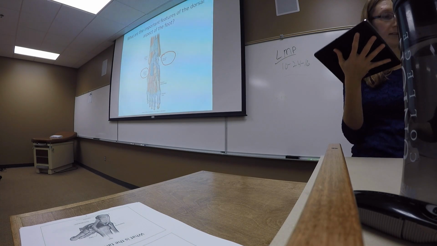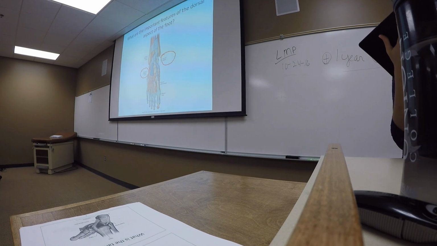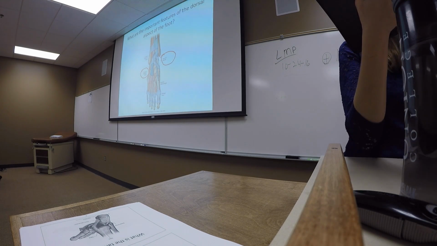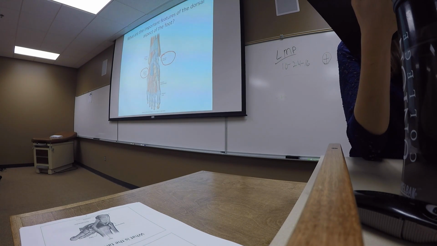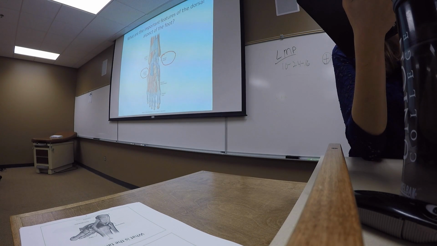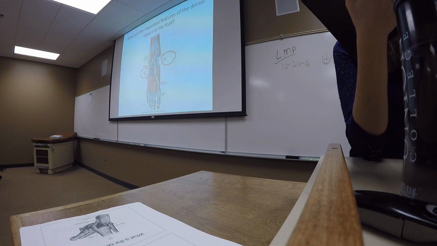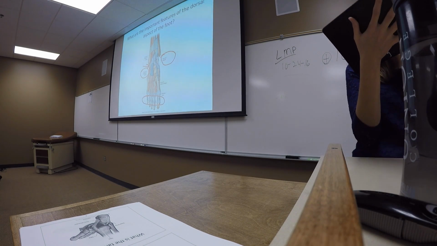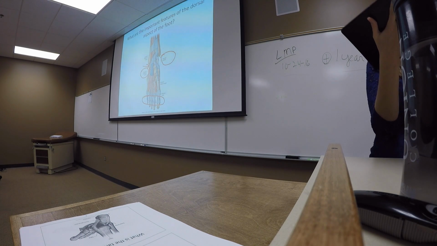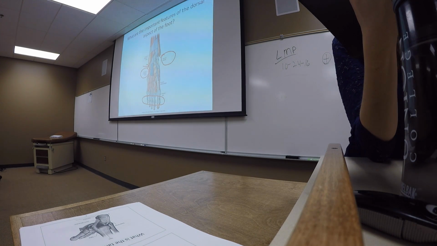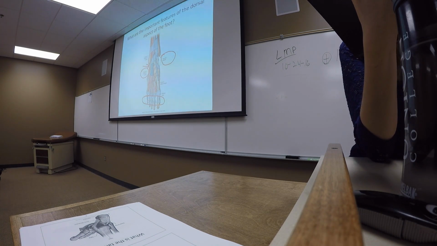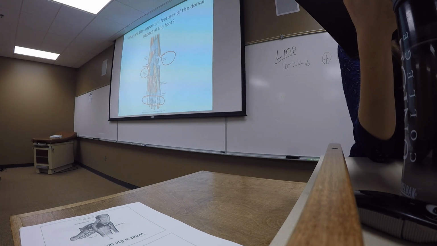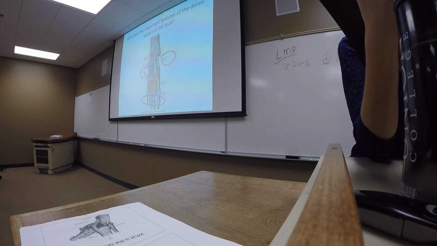You need to know the extensor digitorum brevis. It originates on the superiolateral part of the calcaneus, and then inserts on the dorsal portions of the digits. Like its name implies, it's an extensor of the digits, and it is innervated by the deep fibular nerve.